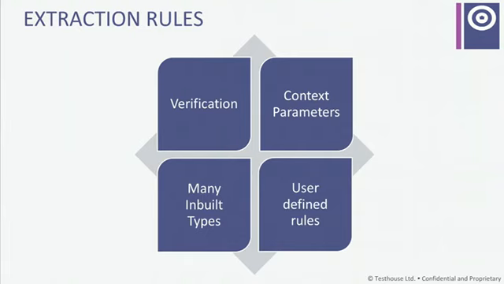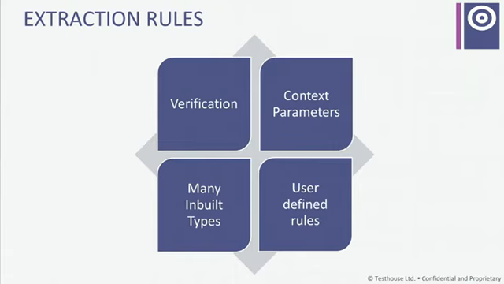You can use extraction rules for various uses. You can extract a piece of information and put it in a context parameter to use later. You can extract it to compare it to something else to make sure you've got the correct page showing up, although there is a special class of rule called a verification rule, which we can look at a bit later.